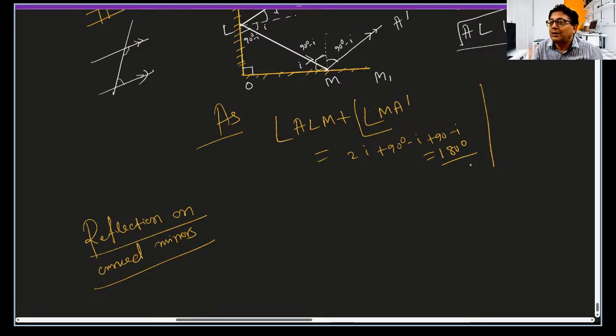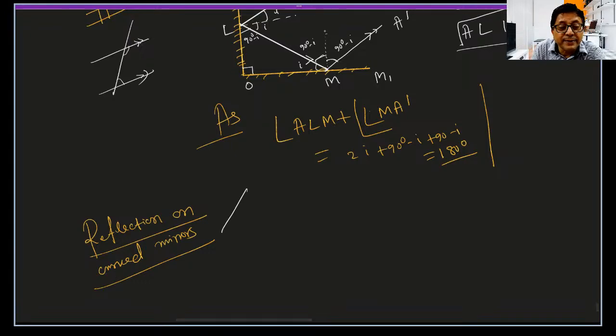Objects are said to be virtual when two rays are supposed to meet, appear to meet, but do not meet actually. So understand the difference between real object and virtual object. For a real object, at least two light rays will meet or come out. For a virtual object, they appear to meet, they do not meet really. That is virtual, appear to meet. This plays a very important role in the case of curved mirrors. Curved mirrors are called spherical mirrors.